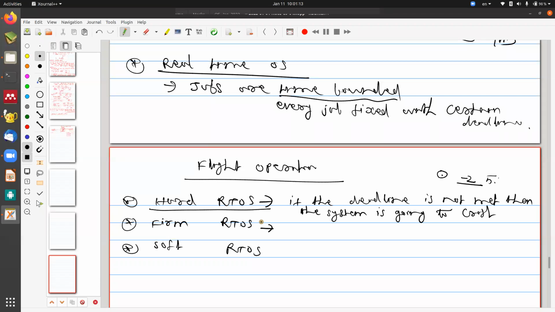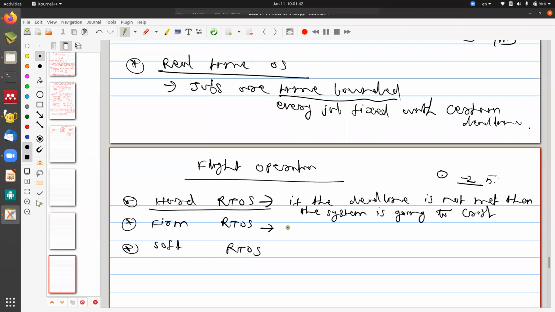And after 2 seconds or 5 seconds or 10 seconds, that video will come. But do you need that video at that time? Because the audio is different, then we don't require that video. So in that scenario, the deadline is there. What is the deadline for this? Whenever the audio comes, the video has to come at that time. But if the video does not come, it means that video has no use. But the system is not going to crash.